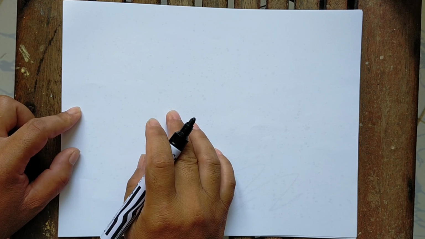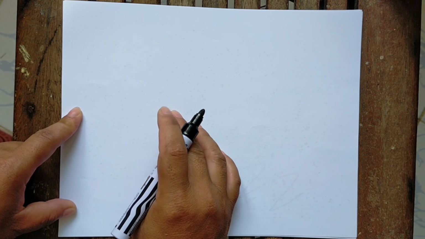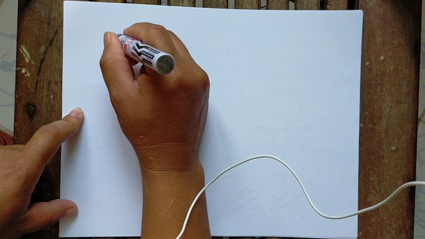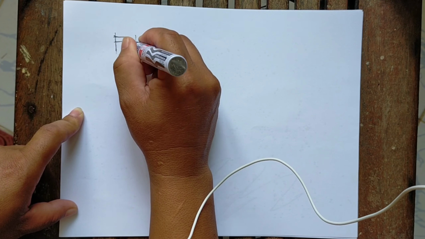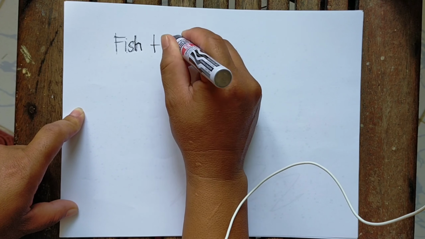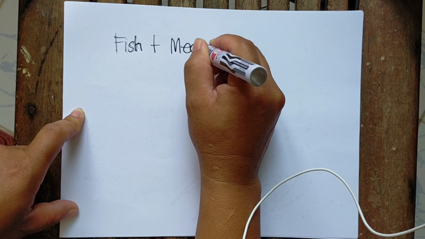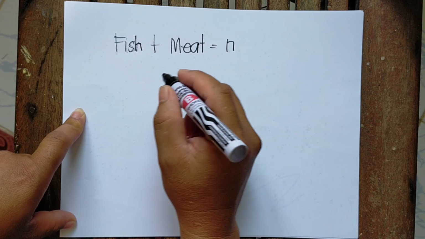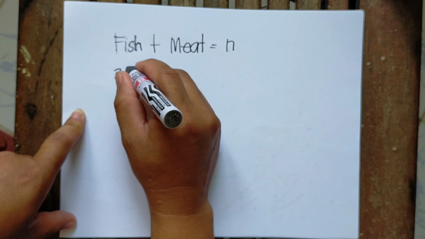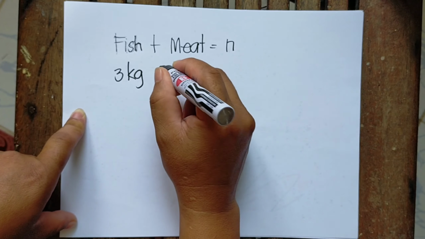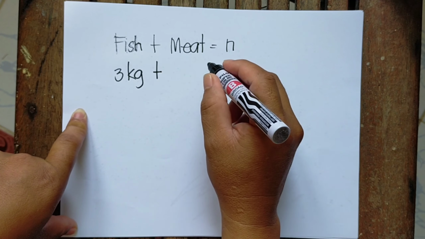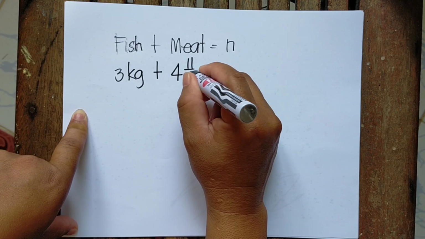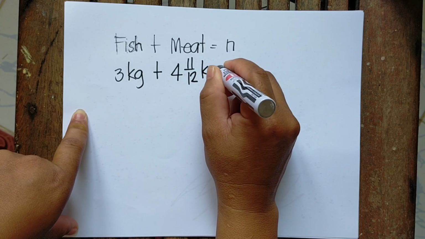And finally, let us find the total weight of the fish and meat I bought. We have here the fish plus meat equals n. So the total weight of the fish I bought is equal to 3 kilograms plus the total weight of the meat is 4 and 11/12 kilograms.